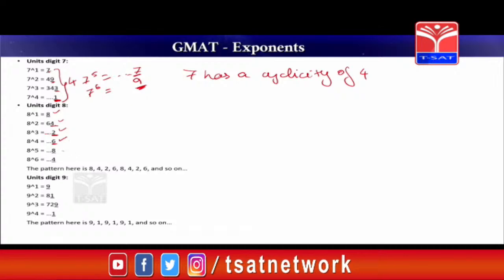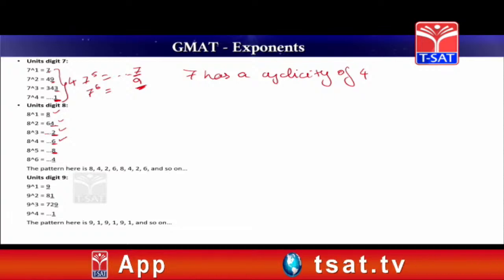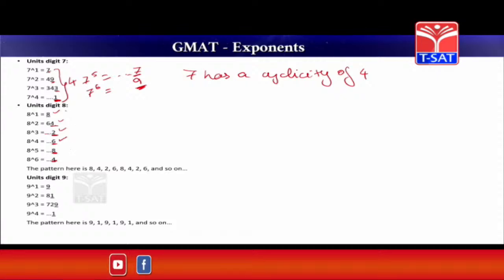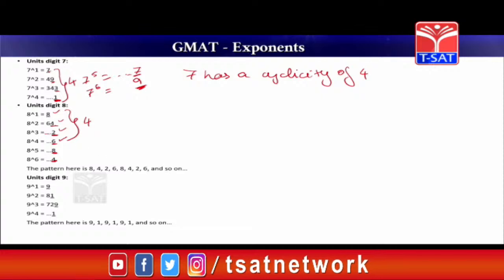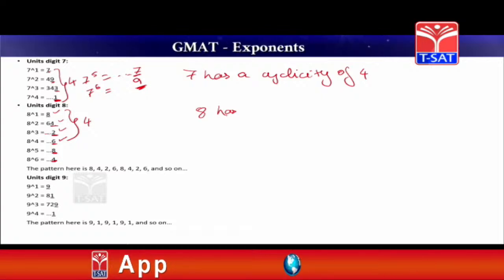And 8 to the power of 5, 8 into 6 is 48 with 8 at the units digit, so you will get 8. And 8 to the power of 6 is again 8 into 8 is 64, 4 at the units digit. So this also repeats itself after every 4 numbers. So 8 has a cyclicity of 4. And the pattern is 8, 4, 2, 6.